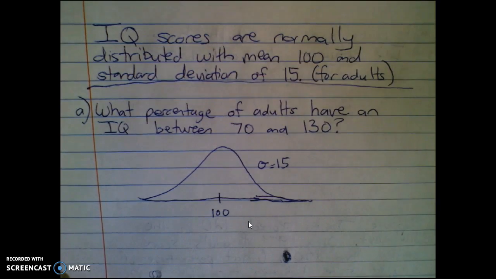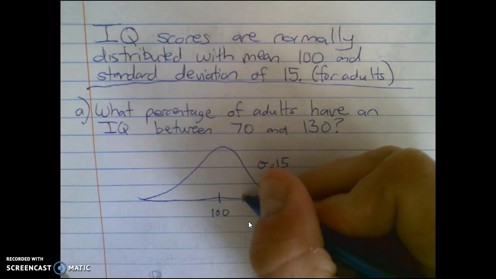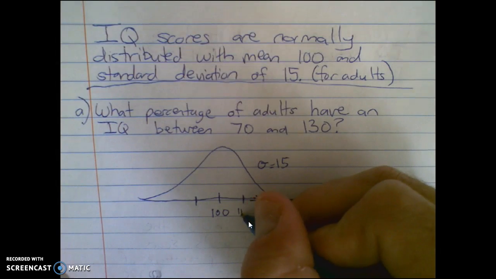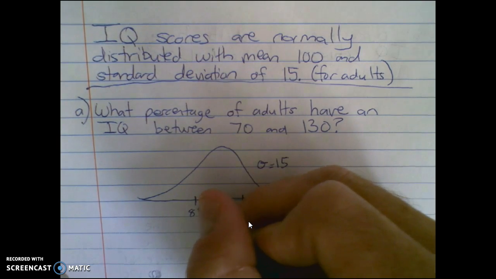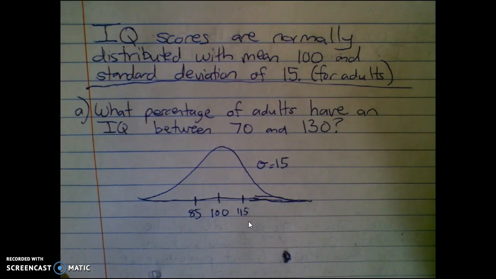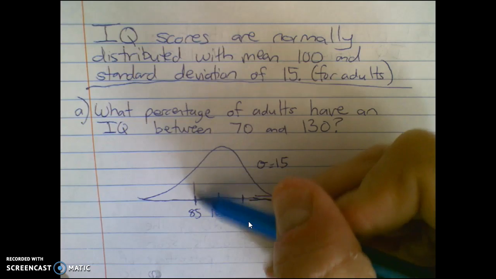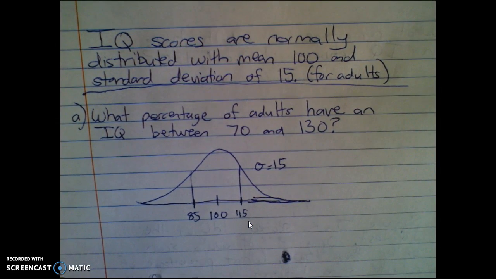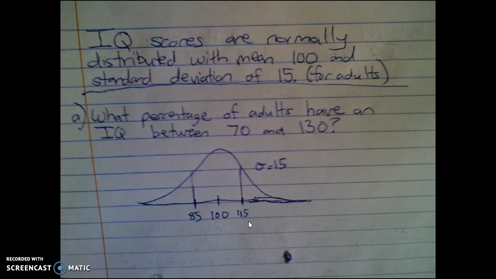What the empirical rule says is that if I go one standard deviation above and one standard deviation below, which would be 115 and 85, that represents 68% of adults. So 68% of adults have an IQ score between 85 and 115.